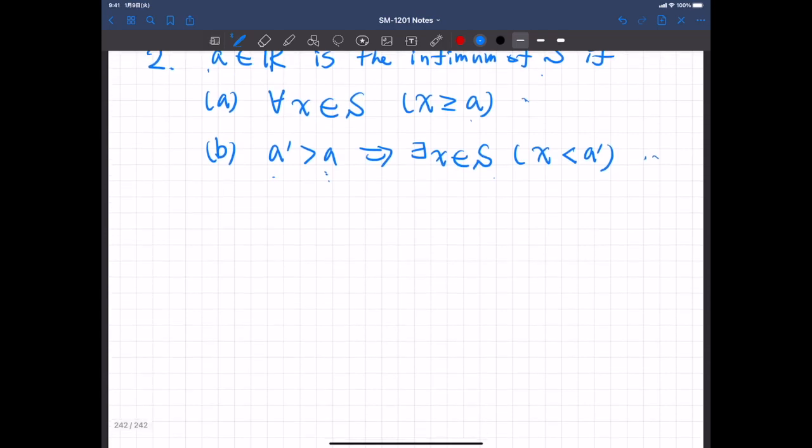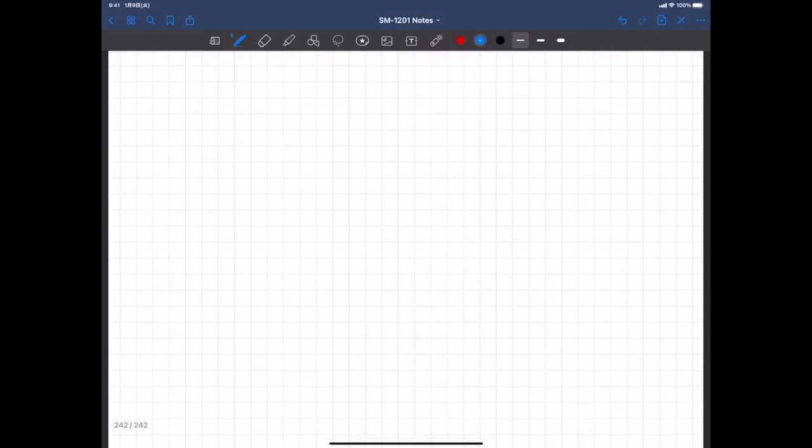Now let us prove a little lemma. Let's say S and T are subsets of real numbers such that T is a subset of S. So this is a given condition.